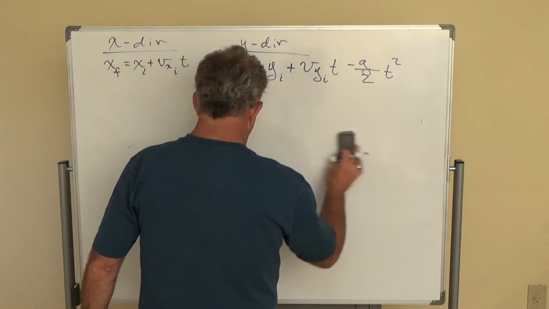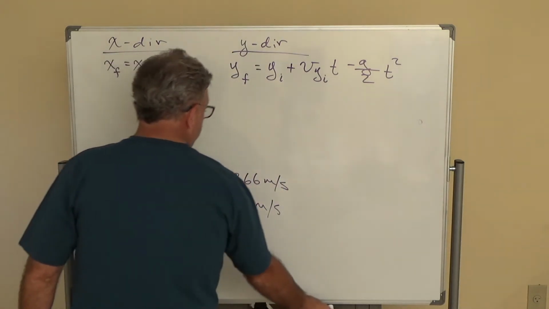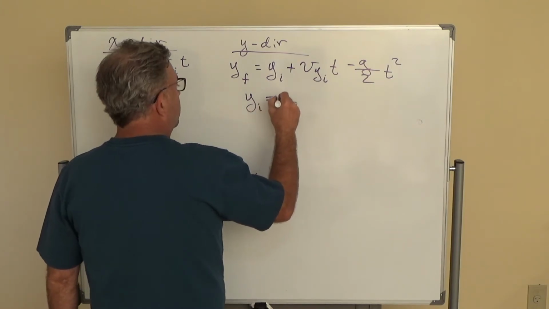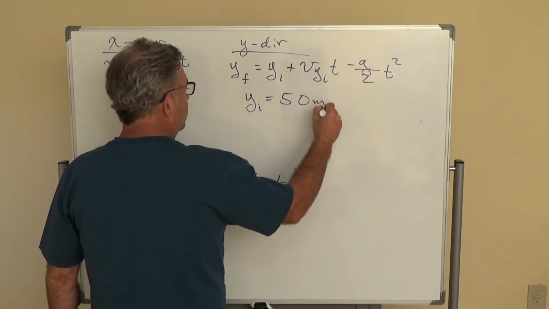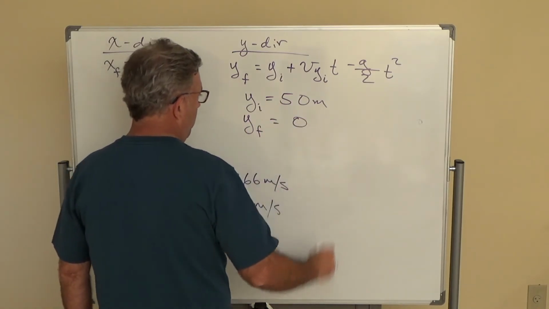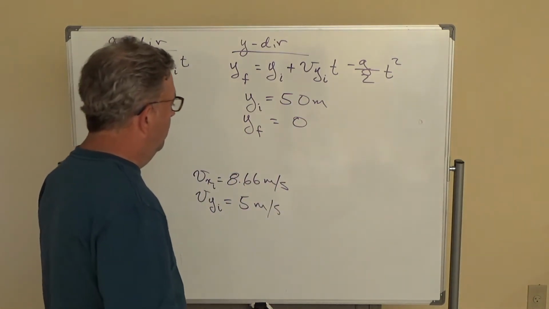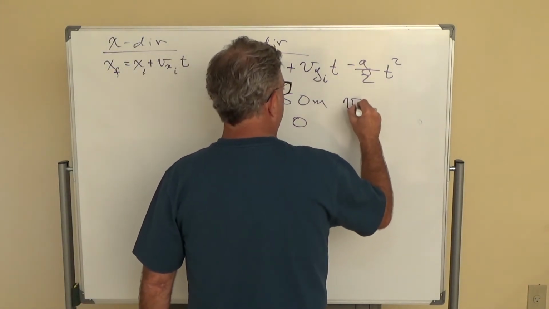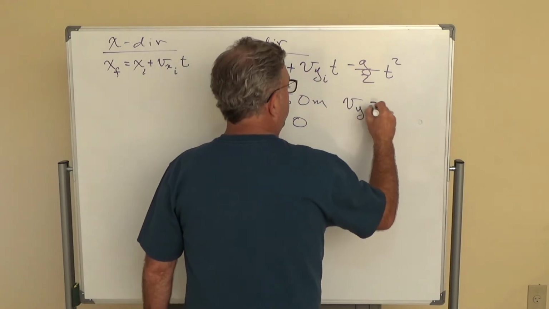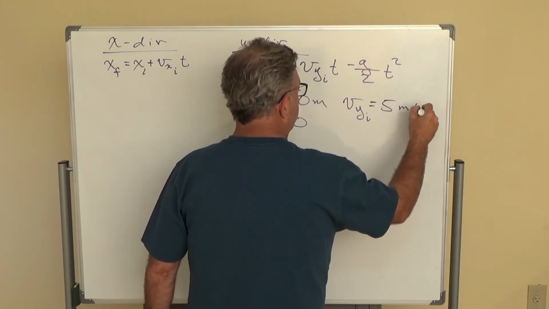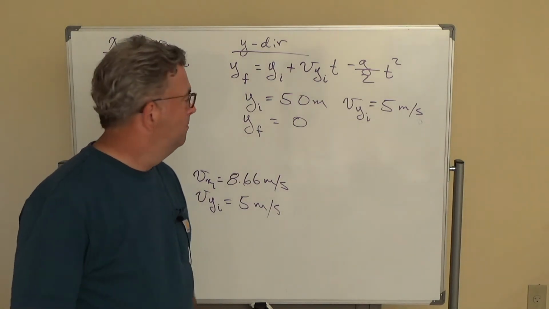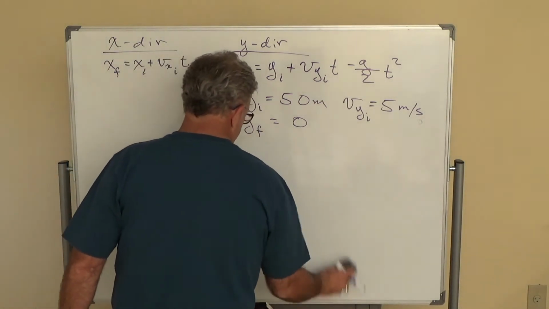So let's do that. I'll plug in the numbers. Y initial is equal to 50 meters. That's the top of the building. Y final is equal to 0. Vy initial is 5 meters per second. Plug it in, solve.